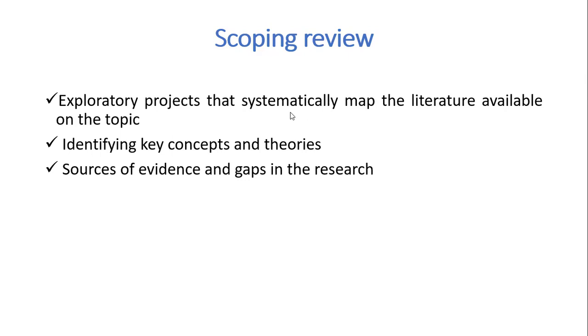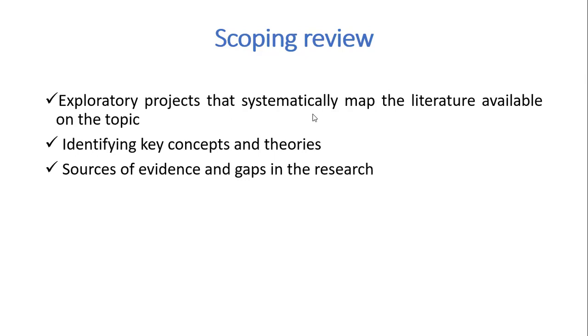Another important word is systematically. As I told you in an earlier video as well, scoping review doesn't mean you should not do the work in a systematic way. You have to do the mapping of the literature in a systematic way.